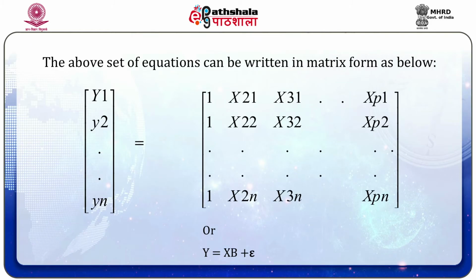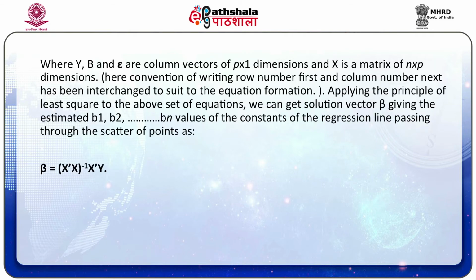The above set of equations can be written in matrix form as below, where y, b and epsilon are column vectors of p into 1 dimensions and x is a matrix of n into p dimensions. Here, the convention of writing row number first and column number next has been interchanged to suit the equation formation.